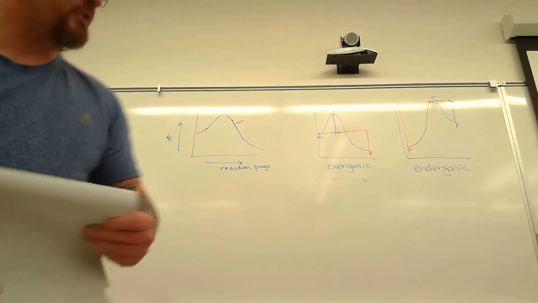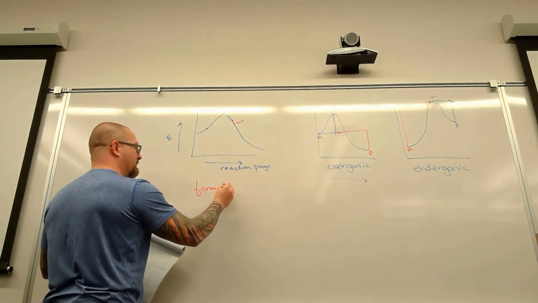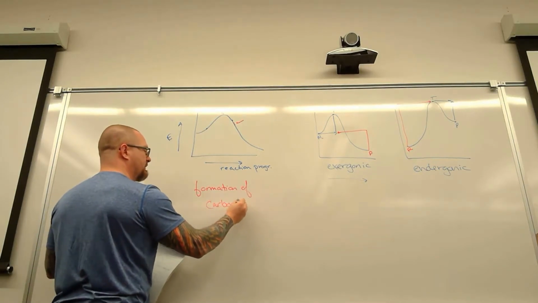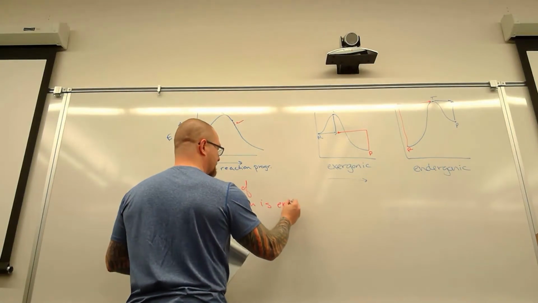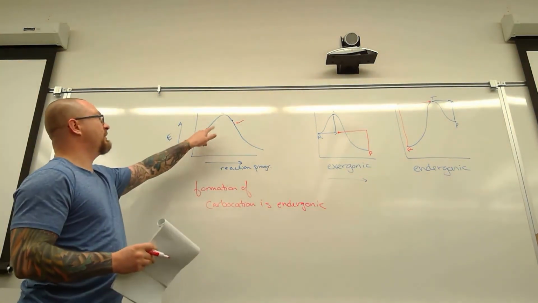So the formation of a carbocation is endergonic, which makes sense because we're going from here to here.